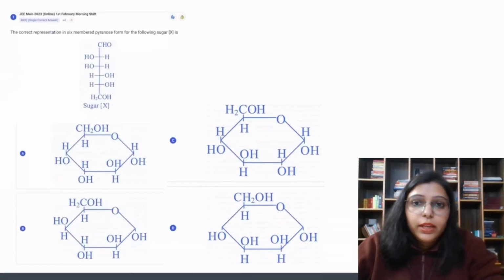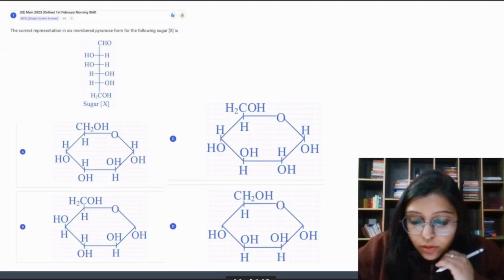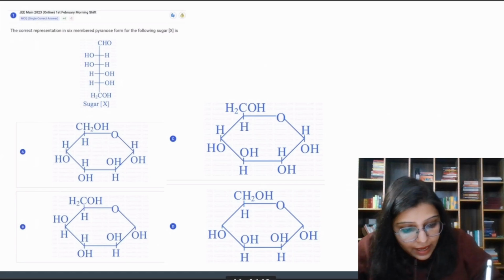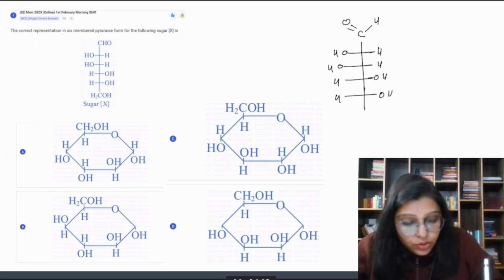Now let's do the next question. Question says the correct representation in six-membered pyranose form of the following sugar is. Okay, so we have C double bond O, H. Then we have OH, H, OH, H, H, OH, H, OH, and this is CH2OH.